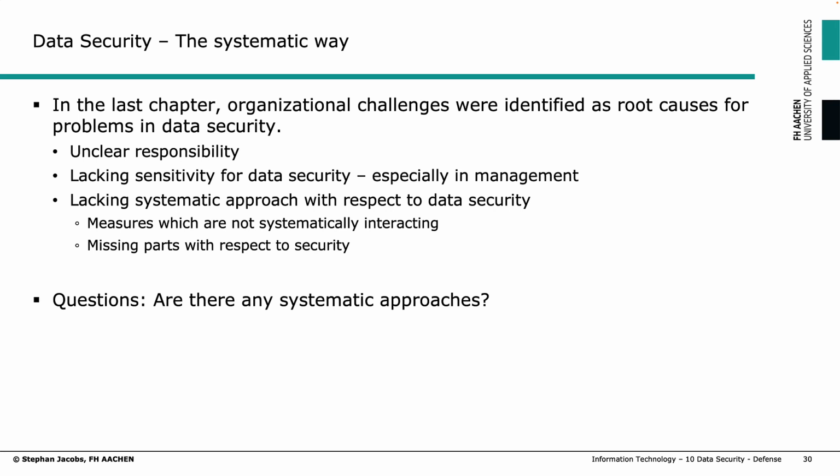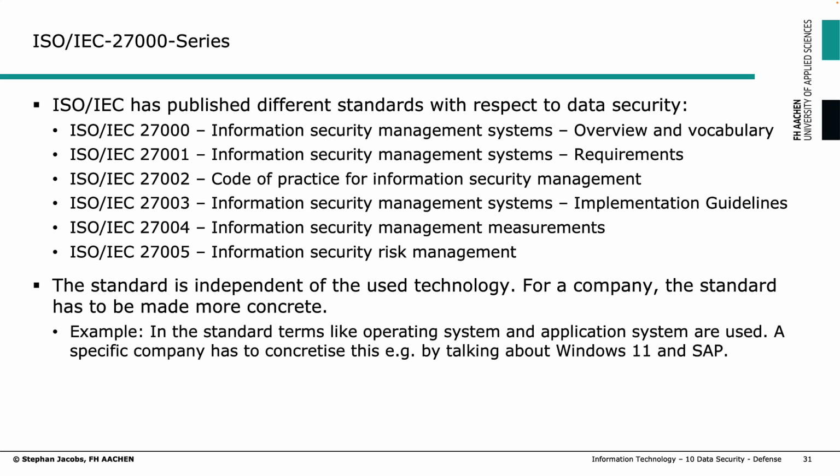These things include unclear responsibility, lacking sensitivity for data security, especially in senior management, and a lacking systematic approach. Questions: how can I get a systematic approach? Are there recommendations and guidelines? And yes, there are.